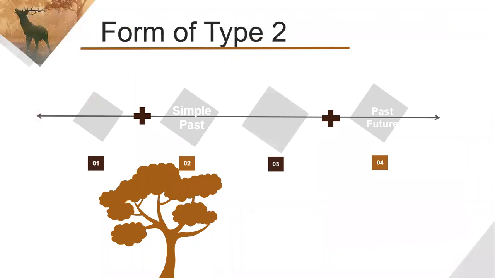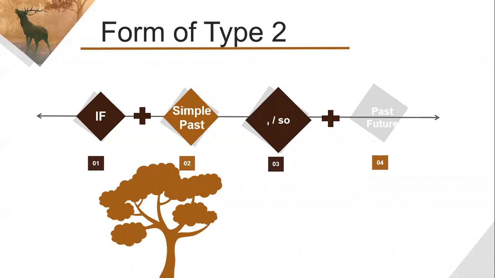The next is the form of type 2. Now we are talking about how to form it, or what the formula of conditional sentence type 2 is. So it starts with if, followed by simple past.